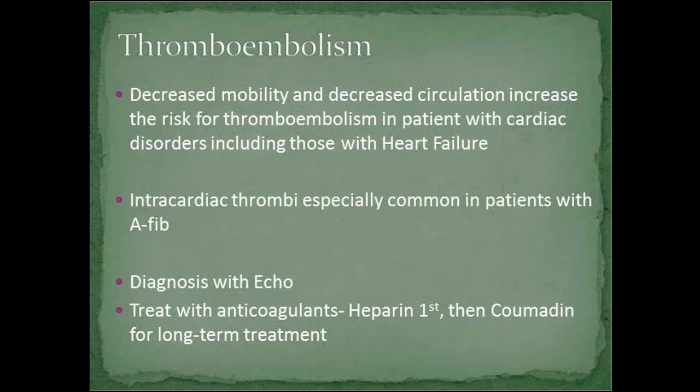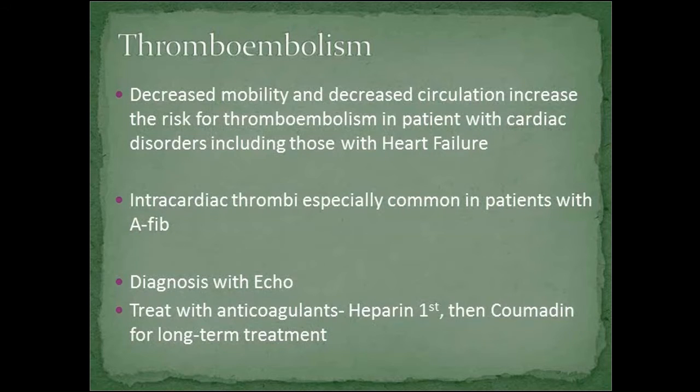We treat with anticoagulants. If they have a known blood clot, then they're going to get loaded with heparin. They will be given a bolus. Usually the boluses are anywhere from 5 to 10,000 units IV push, and then they will put them on a heparin drip. When a patient is on heparin drip, we are going to do serial PTT studies.